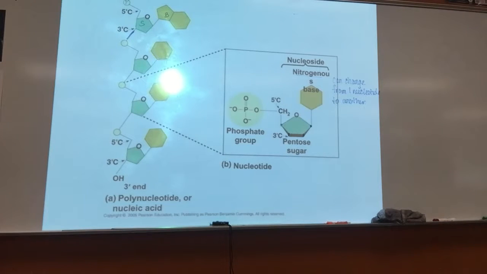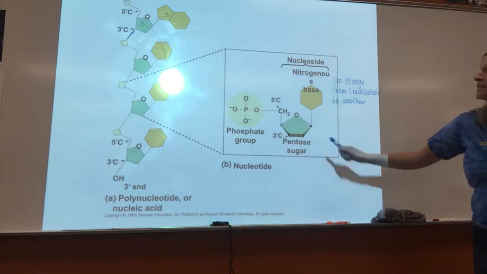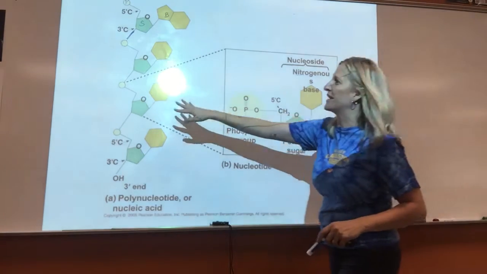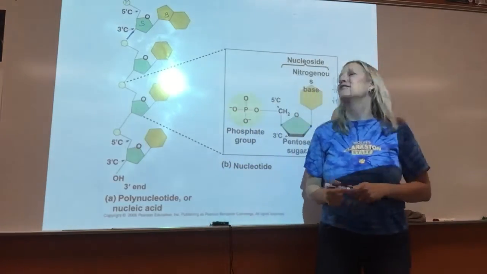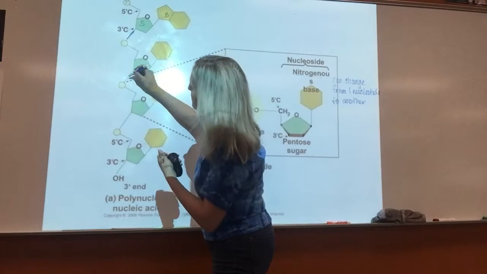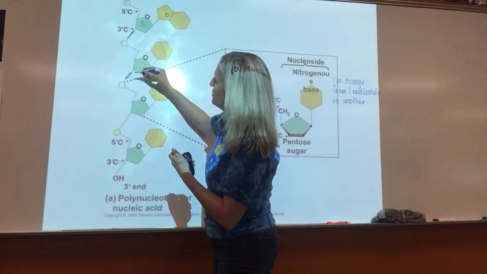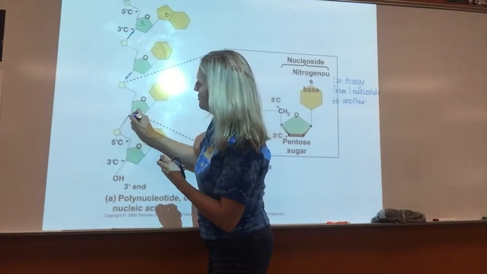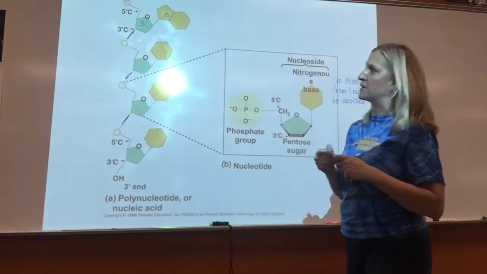Somebody want to tell me? Five? It's not 5. It'd be 5 if I included this one here, but that one's already included in here. This is 4. Here's the phosphate, sugar, base, and here's the bond to the next one. So that's 1, 2, phosphate sugar base, that's the third one bonded here, phosphate sugar base, that's the fourth one.